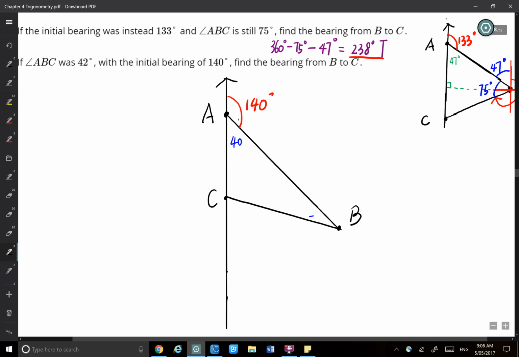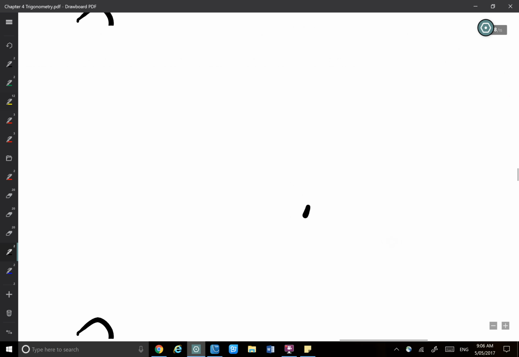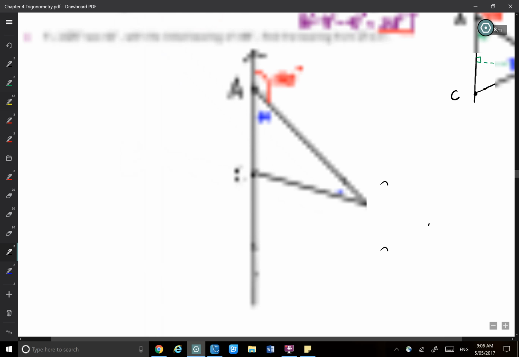This C is not going to go that way. It will actually go closer to A. It's not going past the horizontal, it goes back. Because if you draw a horizontal, this angle is 50, therefore instead of 42, it will go up.